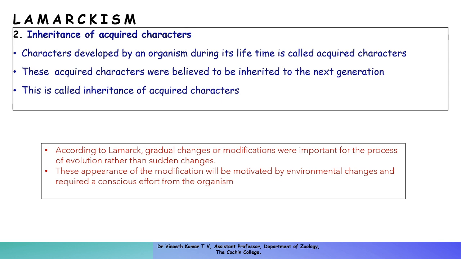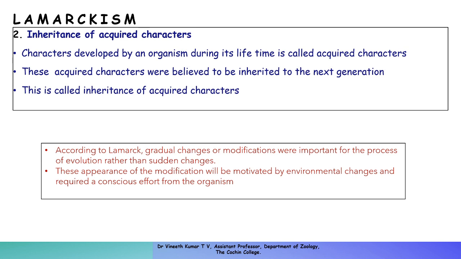So Lamarck suggested that the acquired characters will be inherited by the next generation. So what are these acquired characters? The characters or traits developed by an organism, or visible in an organism during its lifetime, are called acquired characters.